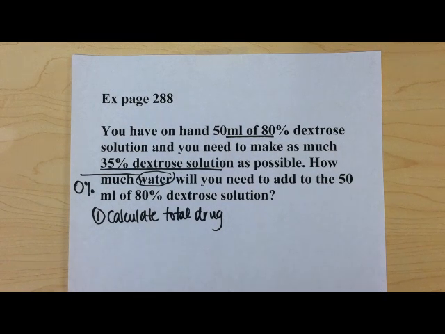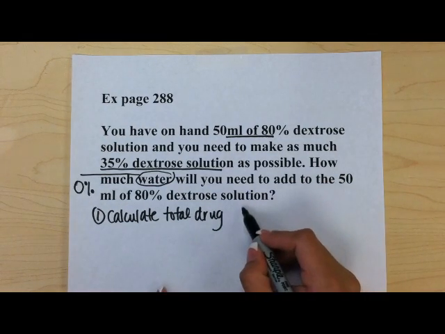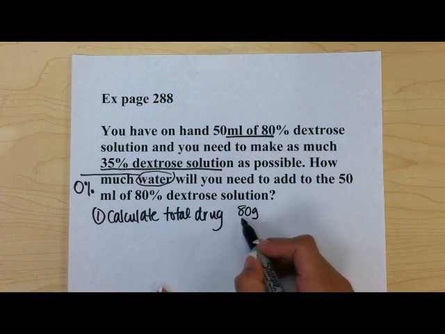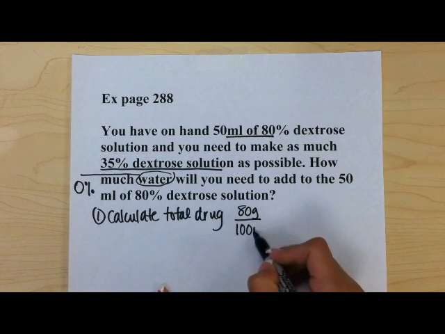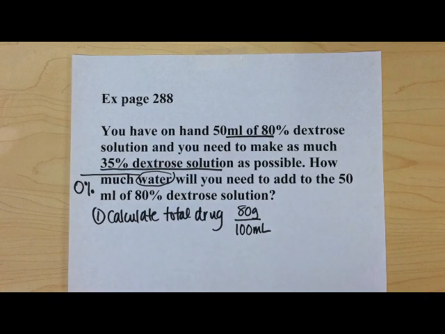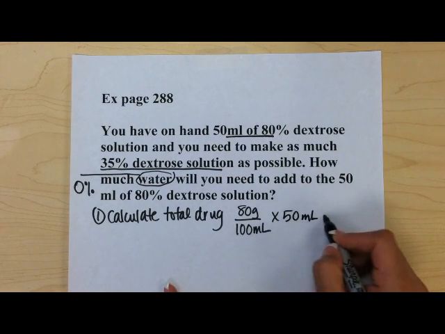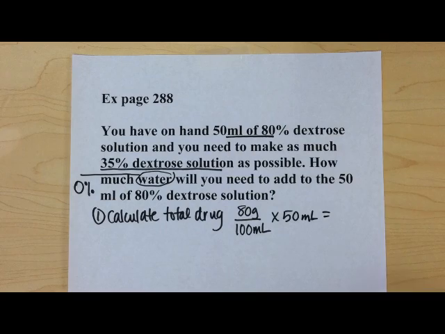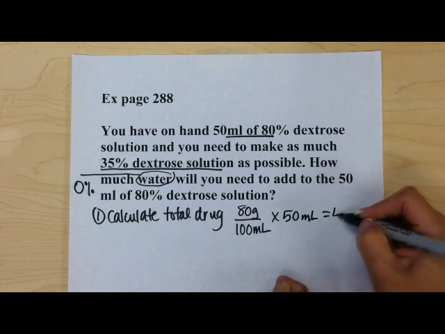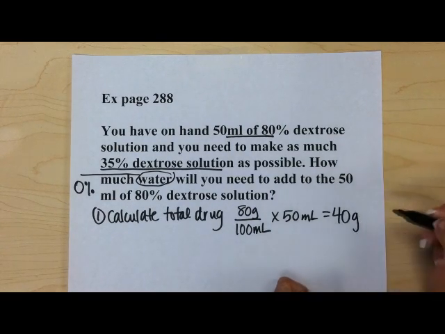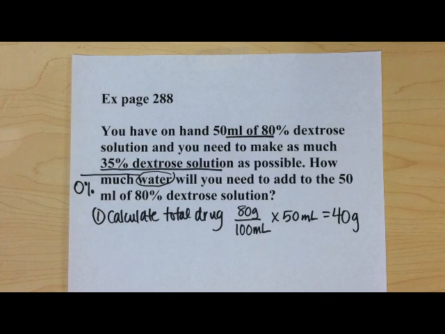So if I'm trying to find out the total drug there, I'm going to have 80 grams over 100 mLs because that's the definition of 80%. But what I have on hand is 50 mLs. So I see that my total drug is just half of the 80. So it's 40 grams of total drug.